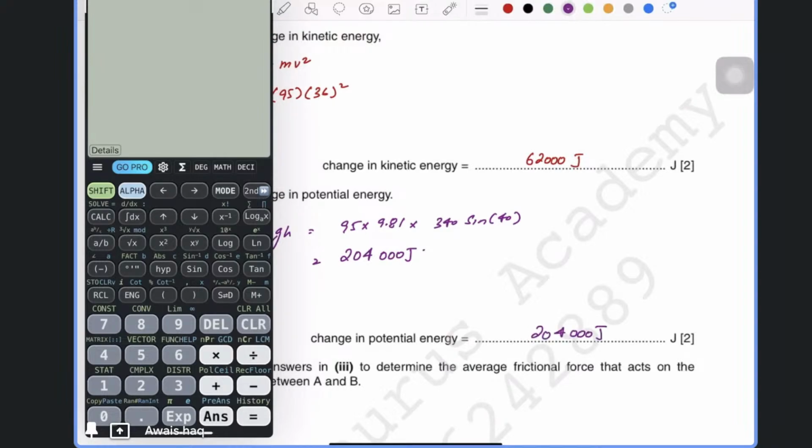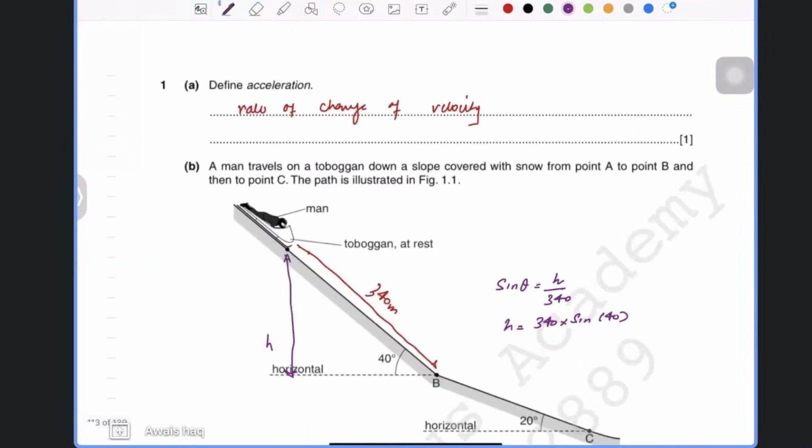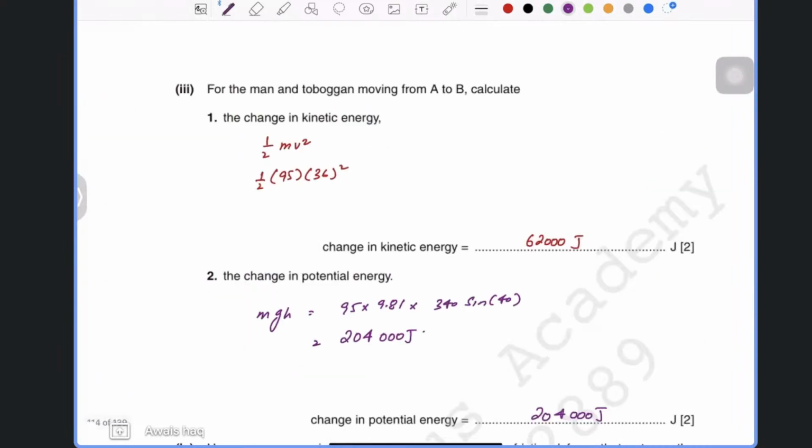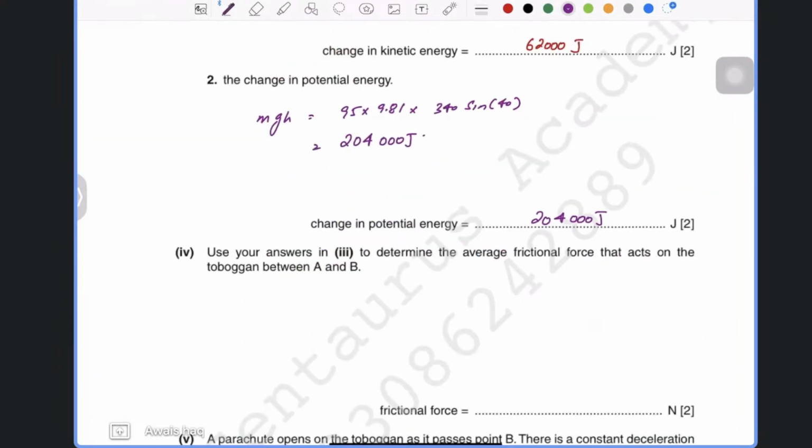Okay, so if you look at the answers, they're quite different. You should understand that if it's losing gravitational potential energy, it should be going to kinetic. But in the next question, it will ask the same question about the frictional force. So you should understand that the gravitational potential energy loss has gone into kinetic energy, plus work done by friction.